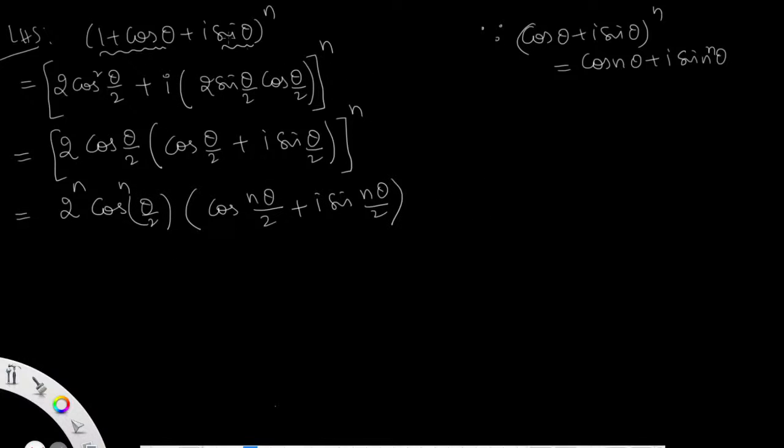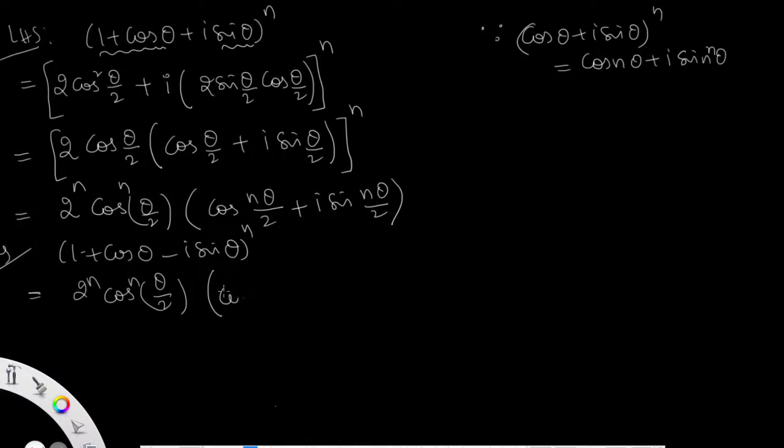That is the first part of the LHS. This carries 1 plus cos theta plus i sin theta whole to the power of n. Similarly, 1 plus cos theta minus i sin theta whole to the power of n, that you can also get as 2 power n cos power n of theta by 2. What should we write here?